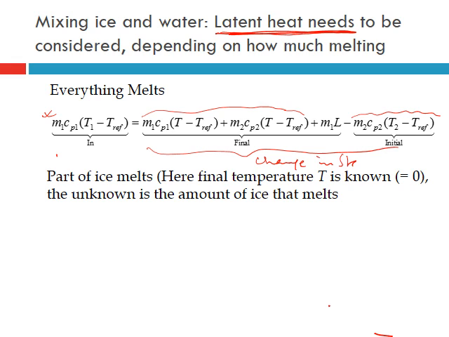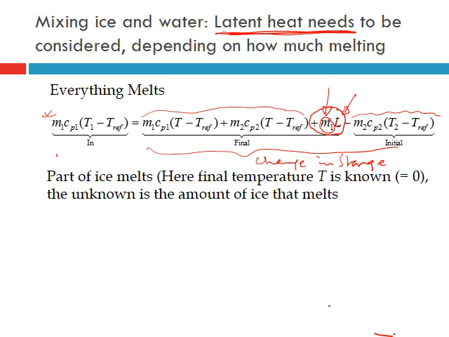So everything is the same except one difference. Suppose all the solid melts, then in the final content it has this additional amount of energy: M1, the mass that melts, times L, the latent heat.